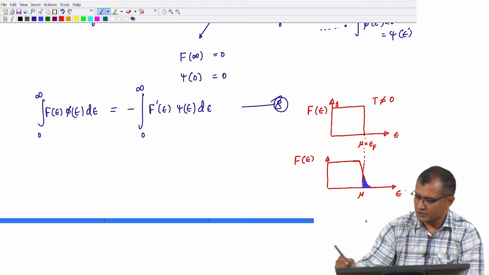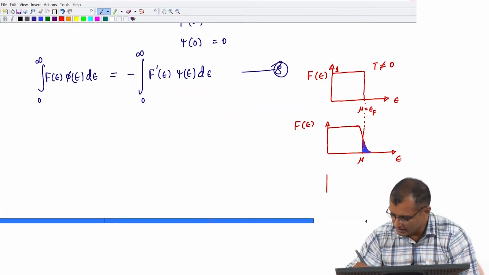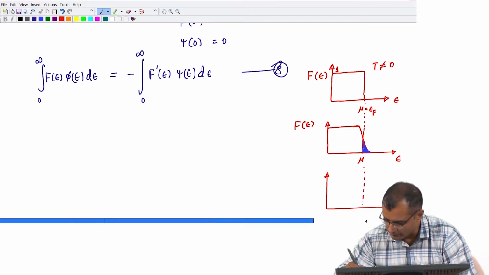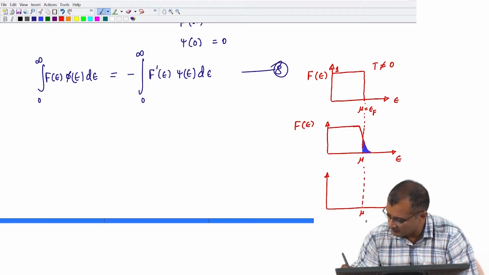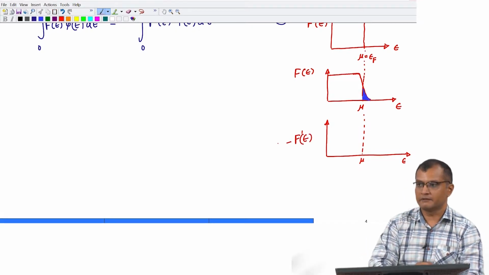So, I know for sure that if I take the derivative of the Fermi function, then it will be very sharply peaked around this mu, and particularly I will take the negative derivative of the Fermi function.